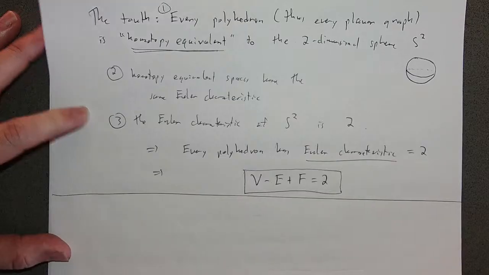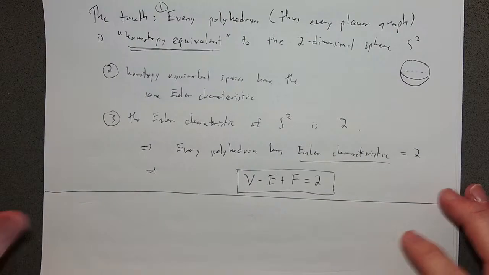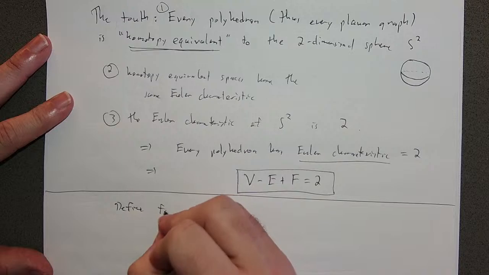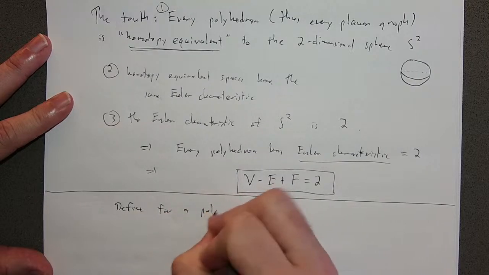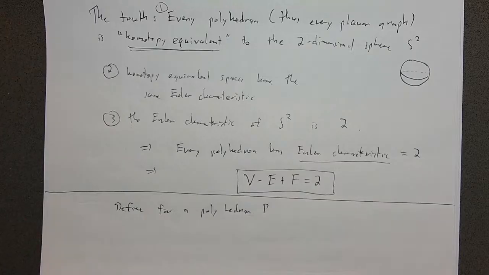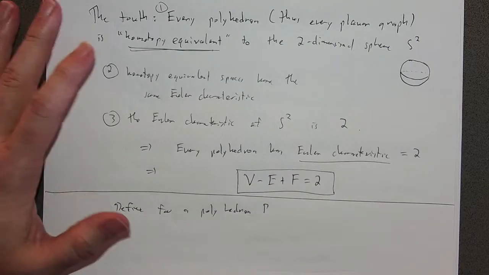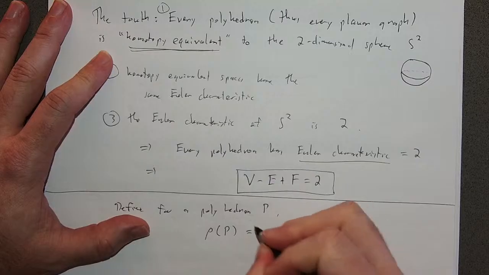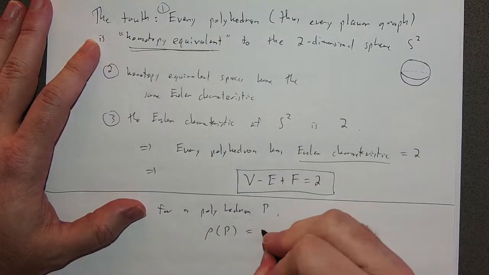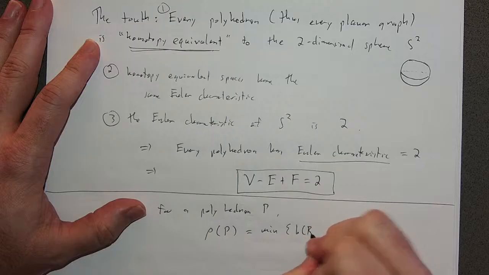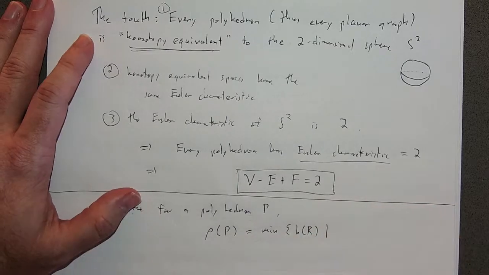So back to this. Define, for a polyhedron P, rho of P, which is the minimum bound degree of one of these regions, one of these faces.